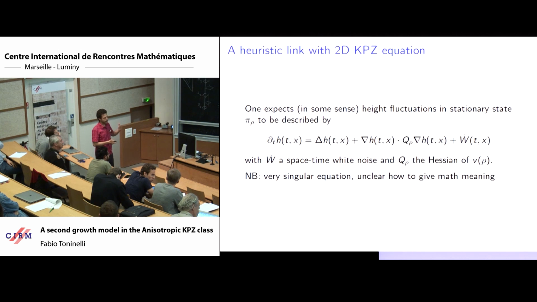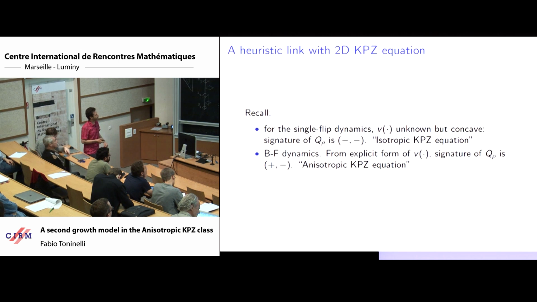Now, in contrast with one dimension, where the nonlinearity is just C times the gradient squared and the sign of C doesn't matter, because you can always change height to minus height and thereby change the sign of C, in 2 dimensions or higher the situation is richer. There are two situations.